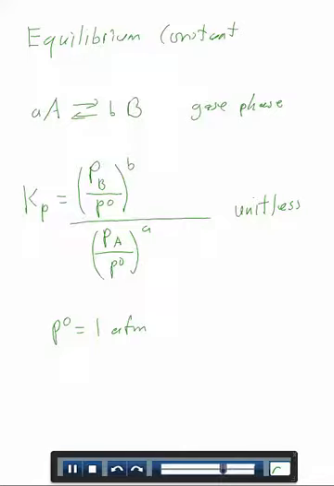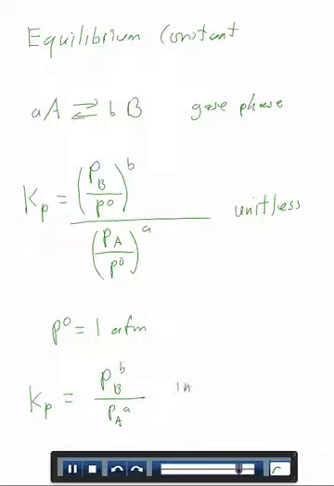Now since we're lazy and we don't like to write as much, we normally leave out the standard pressure just so we don't have to write it, but we realize that we've just not written it, so the units will still cancel. So in our lazy way, we would write the equilibrium constant in this form.